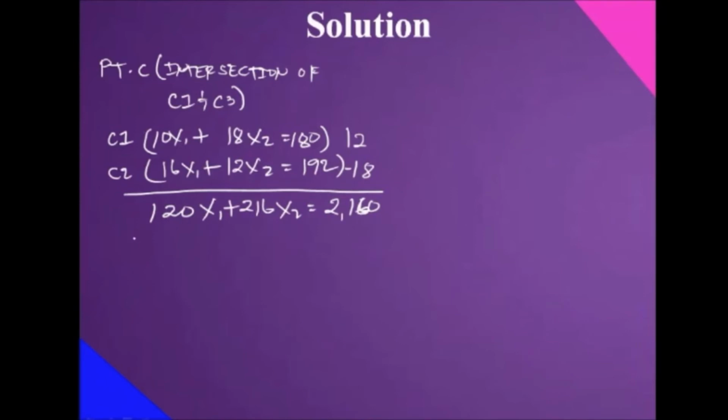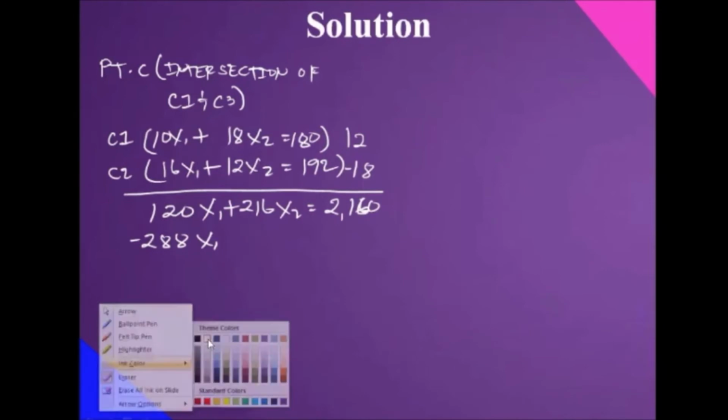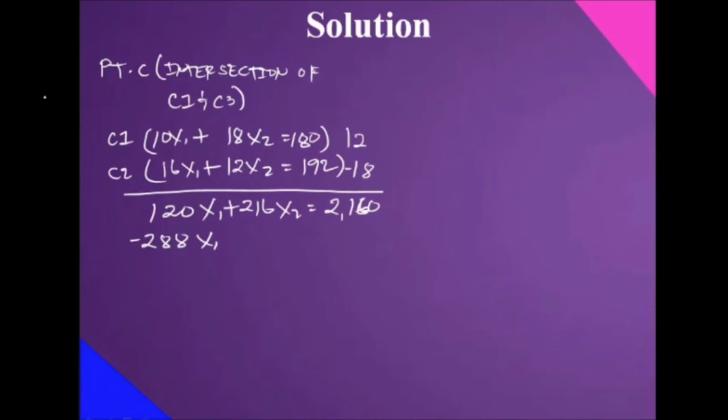This is negative 288 x sub 1 plus negative 216. Kapag ganyan, gawin na po natin ito na negative na kaagad. So, magiging negative 216 x sub 2 equals 192.